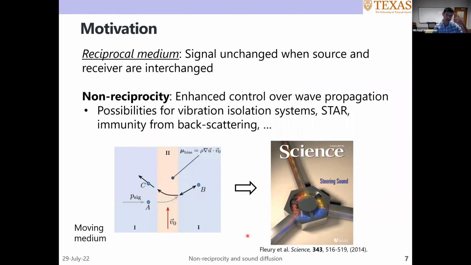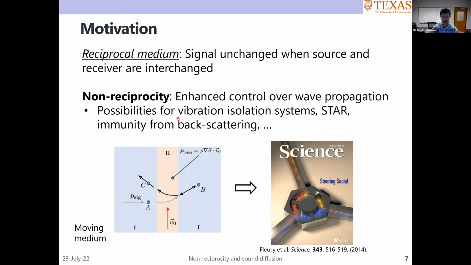But then the question is, a reciprocal medium, we tend to use that a lot. It's one of those foundations of acoustic wave propagation. But what if we could somehow violate that? If we could, then big picture wise, we can control a lot over wave propagation in general.